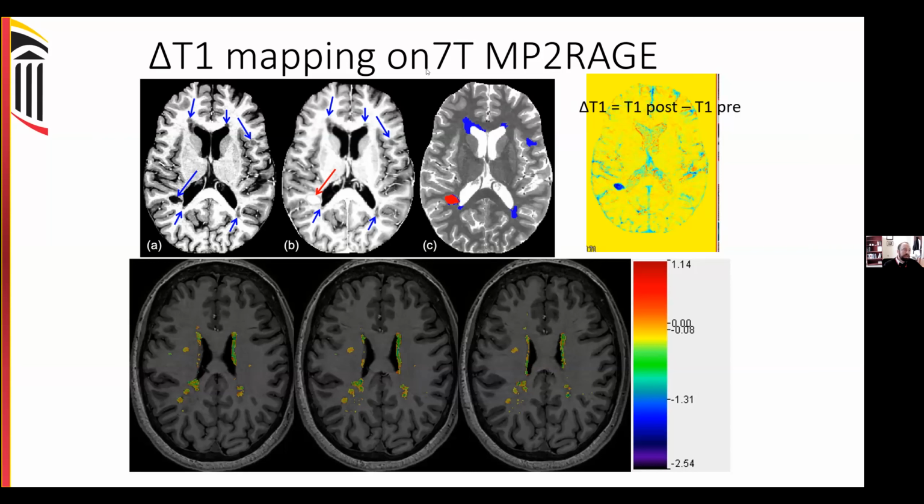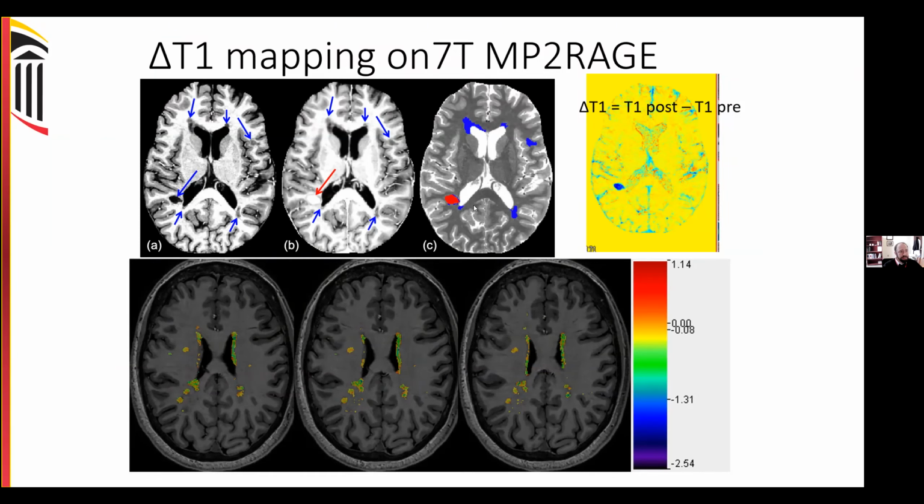So here's the T1 map, and we identified lesions on the T1 weighted images that did indeed have contrast enhancement that was visible, shown in red, and lesions that did not have any visible contrast enhancement, shown in blue.